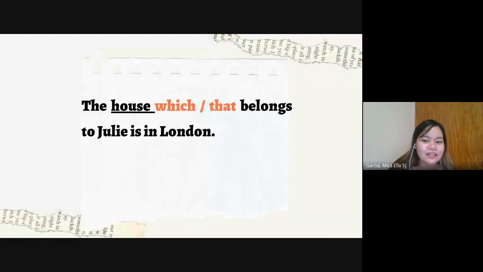Again, we can substitute that with which and who in informal context only. Again, we use the relative pronoun which to refer to the house, which is the subject. Again, this is a defining relative clause.